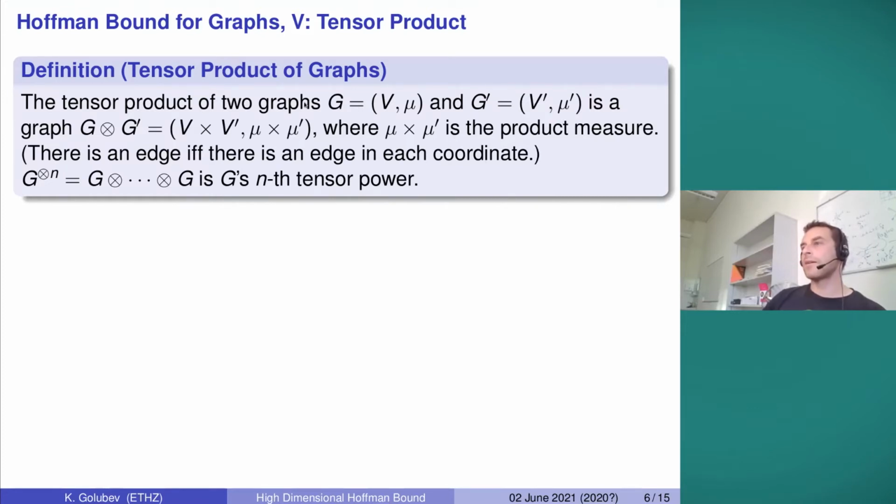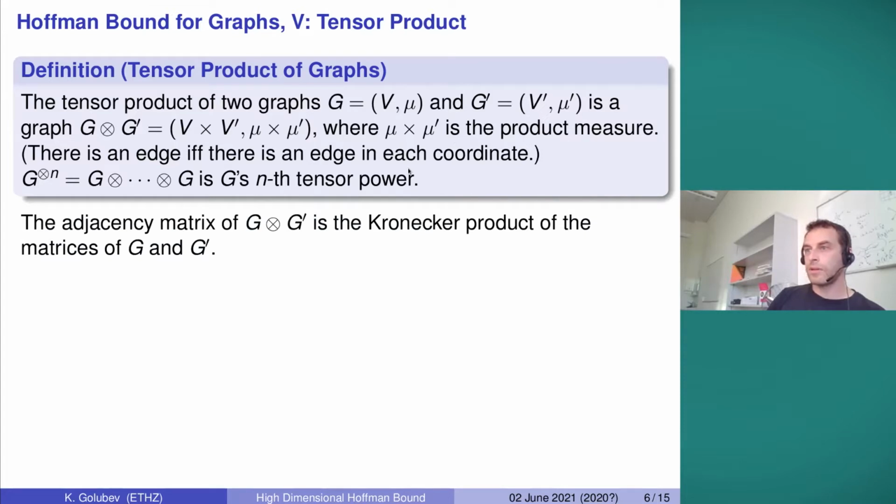In a weighted setting, you take the product measure. And for a single graph, you can take its nth tensor power. One good thing about the adjacency matrix of the tensor product is that it's the Kronecker product of the relevant matrices.